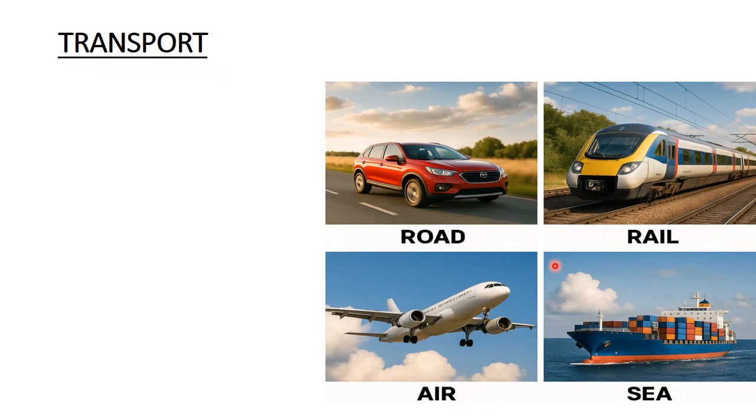And then in the next video, we're going to take a look at less common modes of transport. I won't mention examples, but that's what the next video will focus on. This video focuses on the common modes of transport: road, rail, air, and sea.